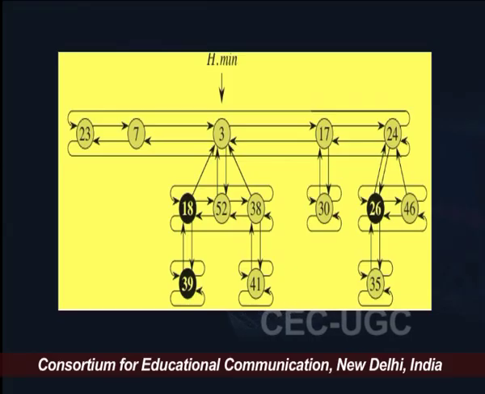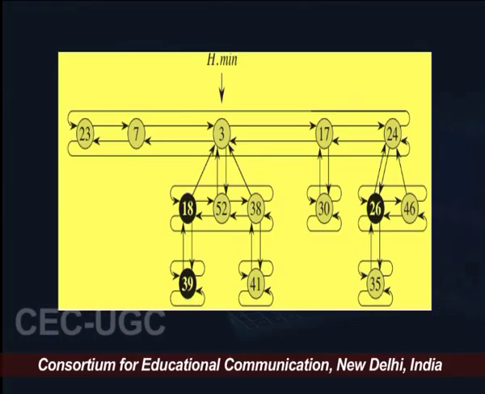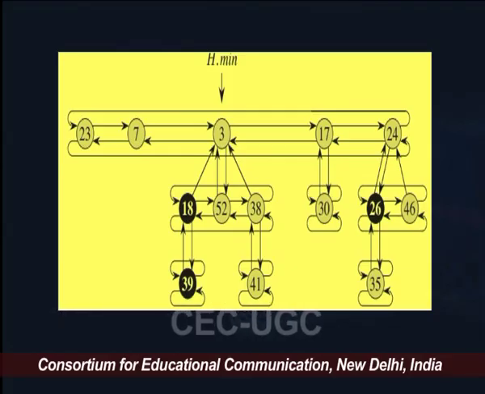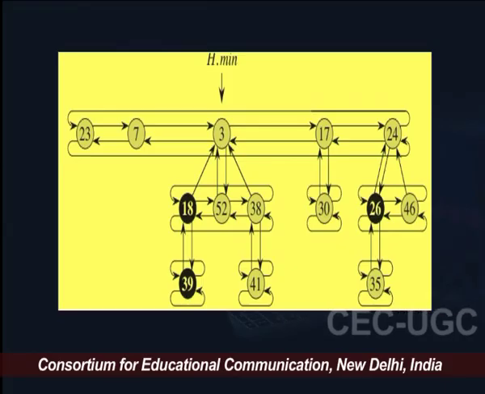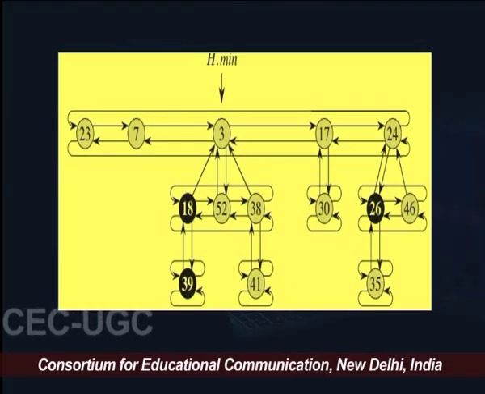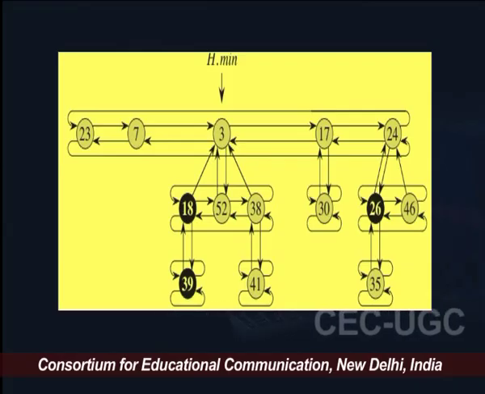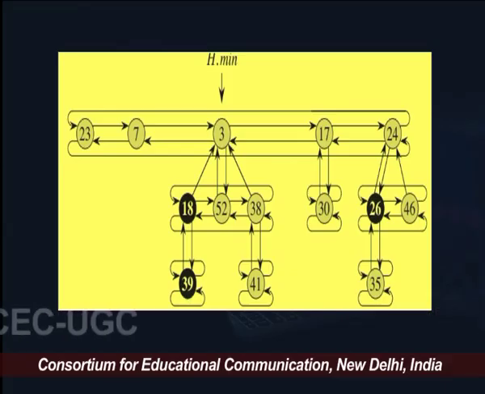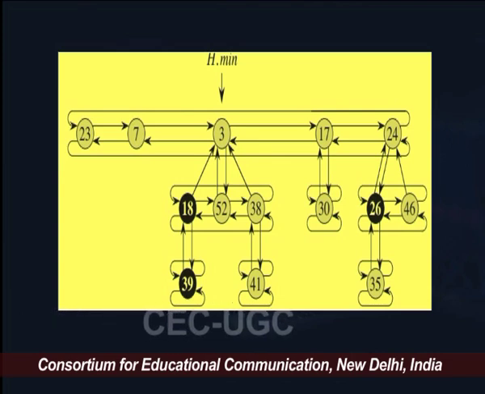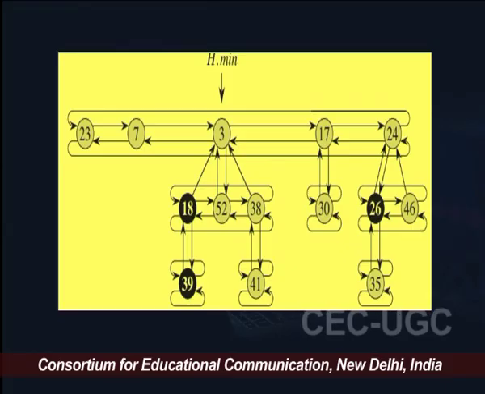Then we have 26 and 46 as the children of the tree having 24 as its root, and likewise 30 with 17 as its root, and there is a pointer H min, which is pointing towards the minimum key in this heap. Because of this min heap ordered property, the minimum key is going to be found in the root list only. That is what we have already seen in brief.